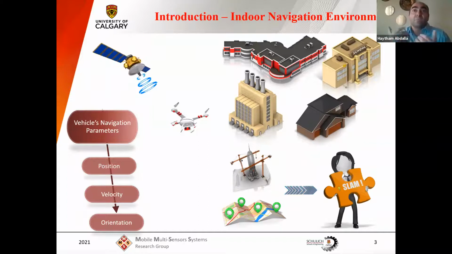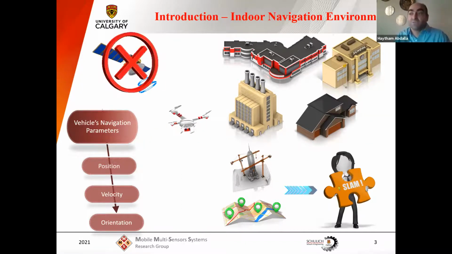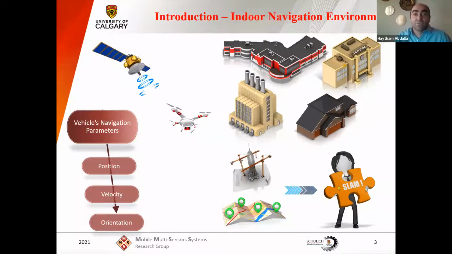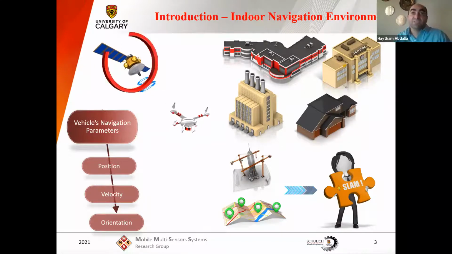It doesn't have an advance map, or a previous map of the environment. So the vehicle has to build a map, but it doesn't know its location. That's why we use SLAM. So the vehicle has to build a map and at the same time localize itself inside the map.